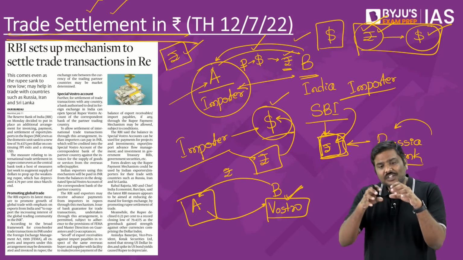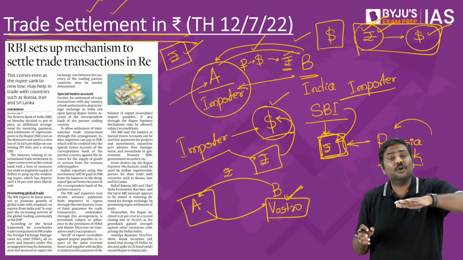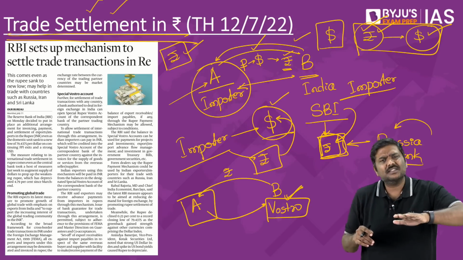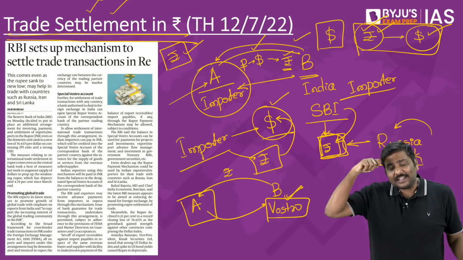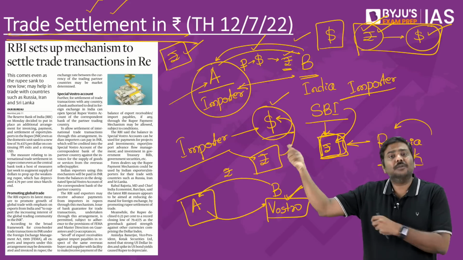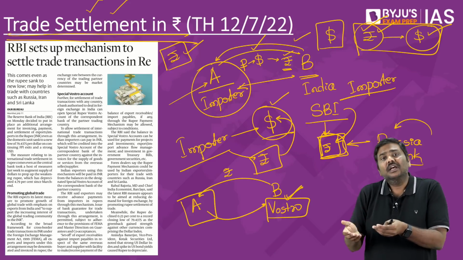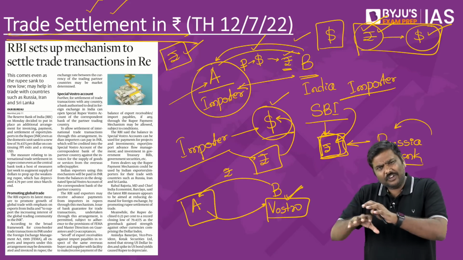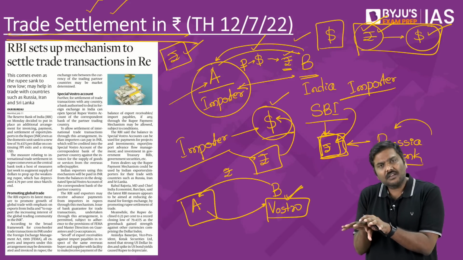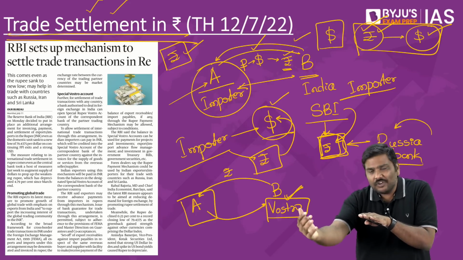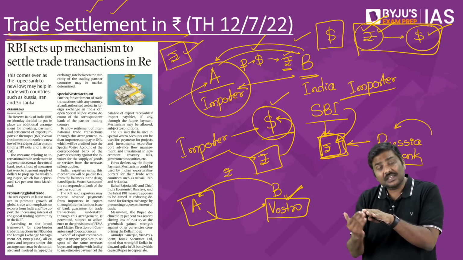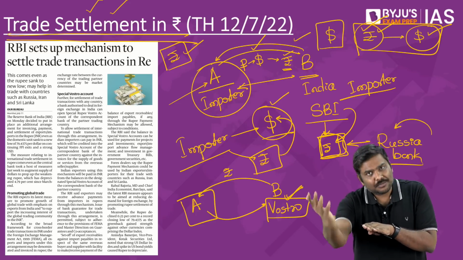Vostro accounts are accounts held by domestic banks on behalf of a foreign bank. Rather than the foreign bank getting the direct payment, we will open a bank account associated with the domestic bank itself, and these domestic banks on behalf of the foreign banks will collect the amount in rupees and make the payment in rupees.